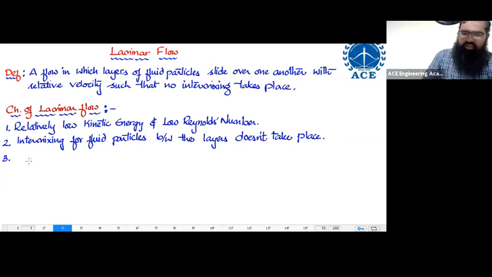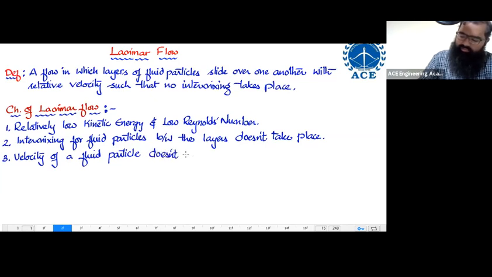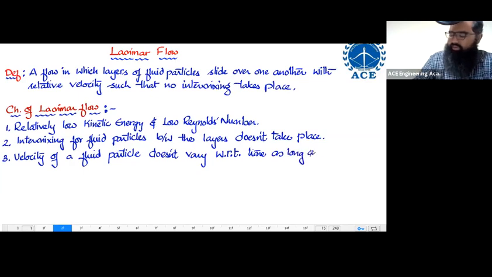So therefore, in the case of laminar flow, velocity of a fluid particle doesn't vary with respect to time as long as the flow is steady.